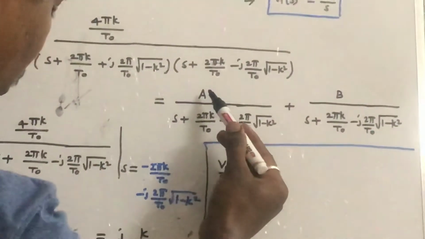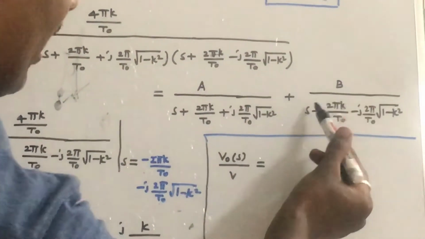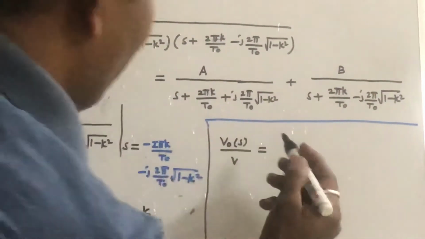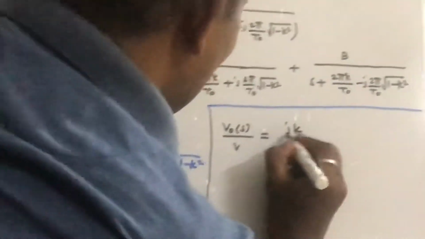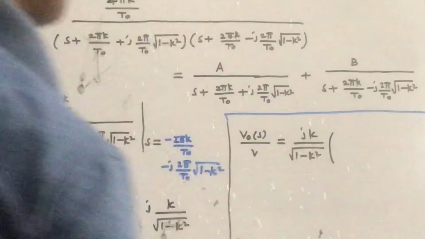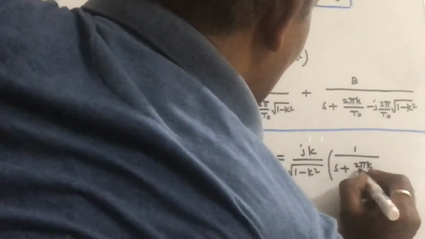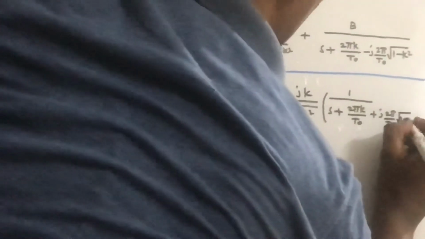That is equal to, what is A? A is equal to j k by square root of 1 minus k square. B is minus j k by square root of 1 minus k square. Take A and B common. So it is written as j k by square root of 1 minus k square, take it as common. What is the first term? 1 by s plus 2 pi k by t naught plus j 2 pi by t naught into square root of 1 minus k square.